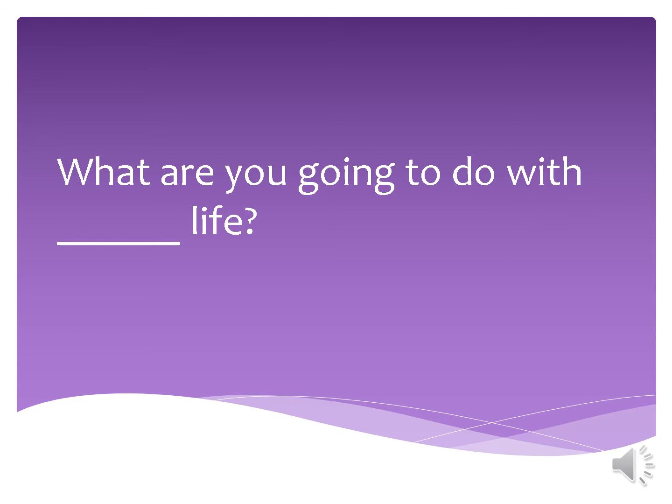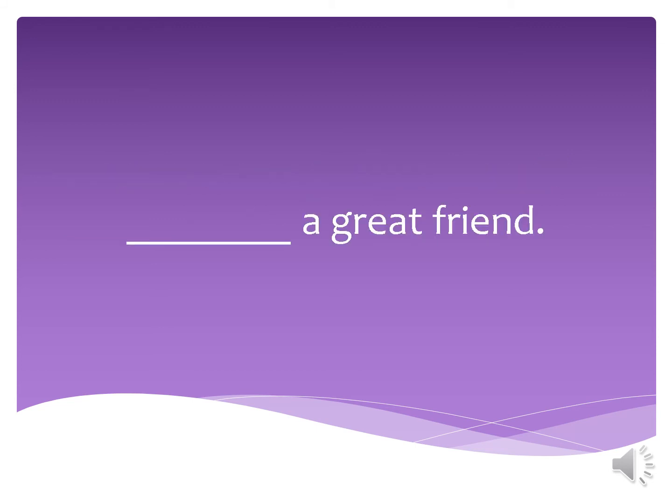Okay, after the space we have the word life, which becomes a noun. Well, it's known as an abstract noun. So what are you going to do with your life, Y-O-U-R? Number 6: blank a great friend.